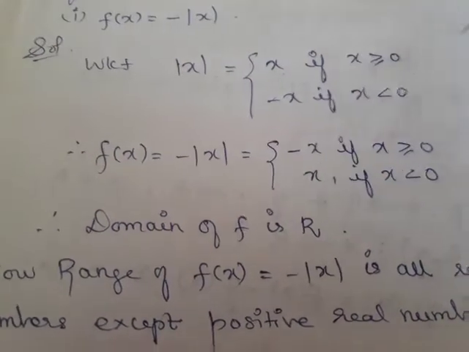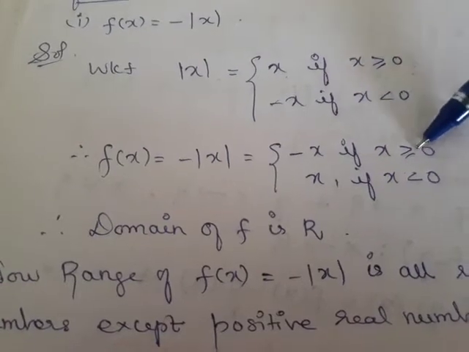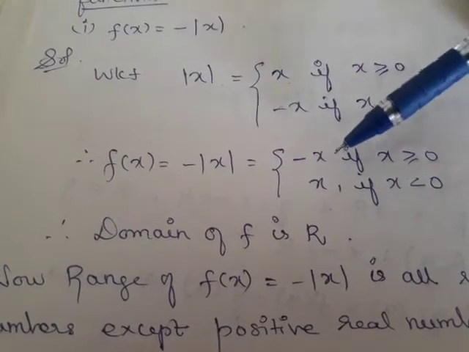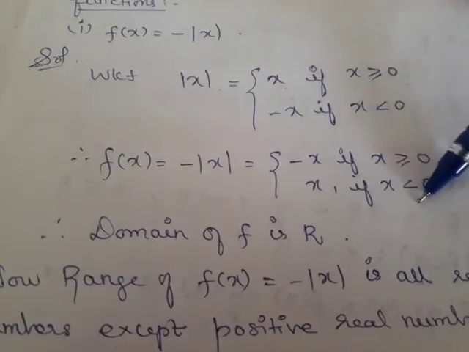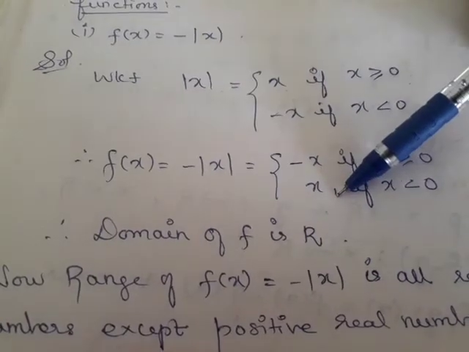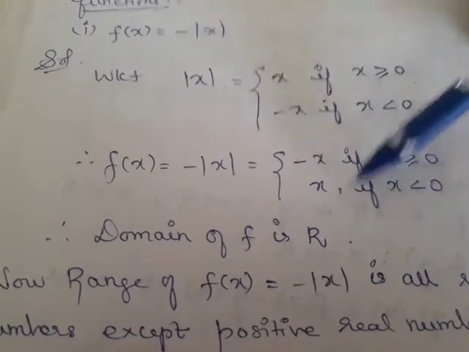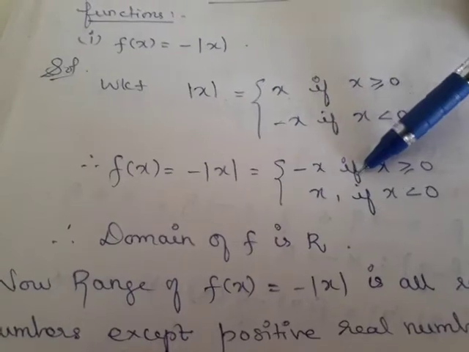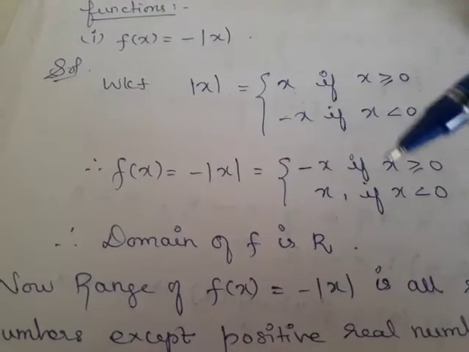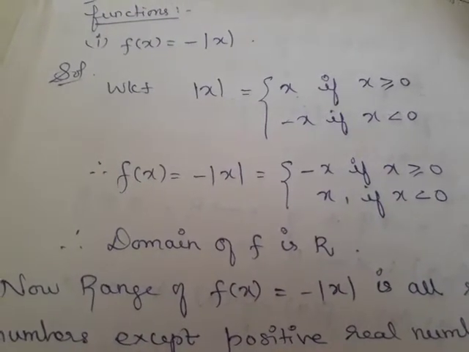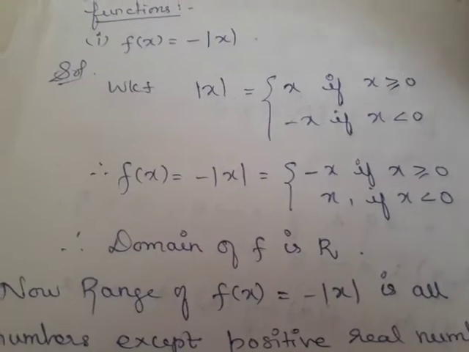Yes or no? If you choose a positive number also, it is going to map only to negative. If you choose a negative number also, it is going to be mapped to a negative number only. If you choose 0, it will be mapping to 0. So your answers will never be a positive number. It will always be a negative number.